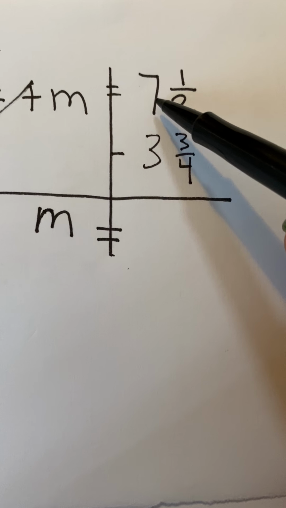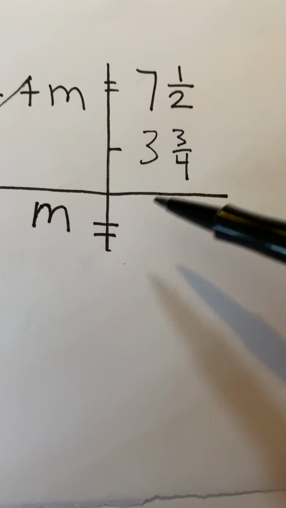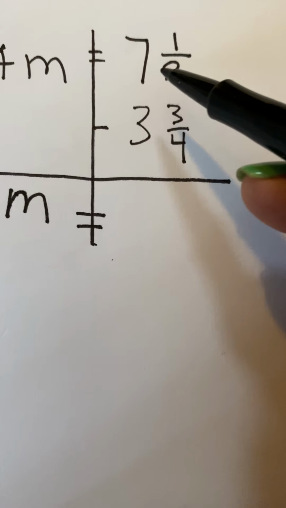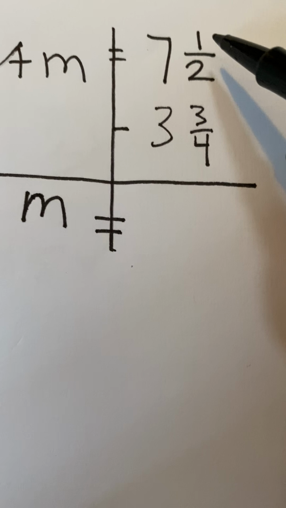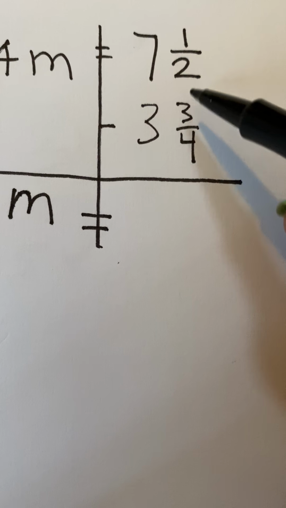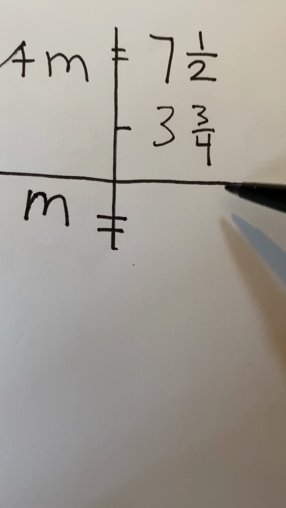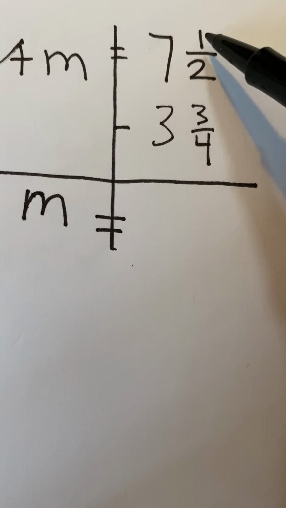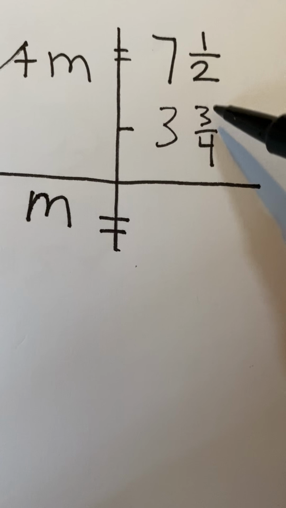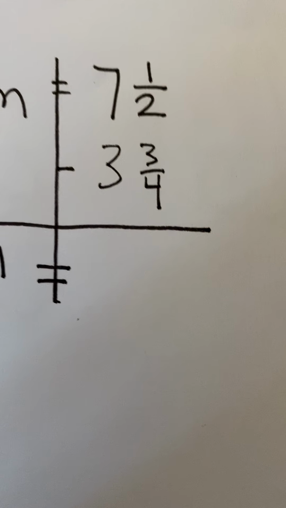So as we can see, the 7 and the 3, we're ready to go. Bigger number is on top, so we could subtract those. However, we have 1/2 and then 3/4. The denominators are definitely not the same. We have a 2 and a 4, and then in looking at the numerators, the 1 is less than the 3. So the bigger number is not on top. So we are going to have to do some regrouping.